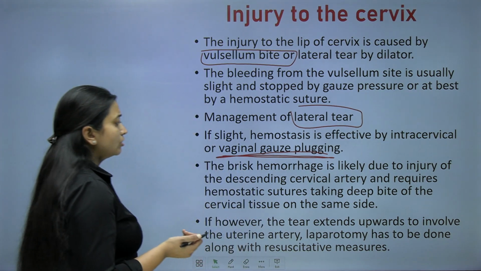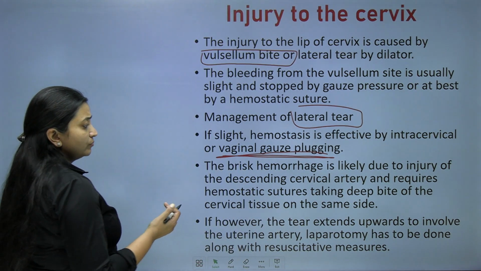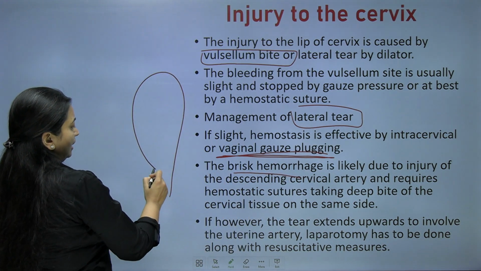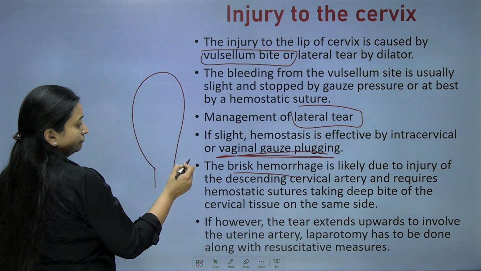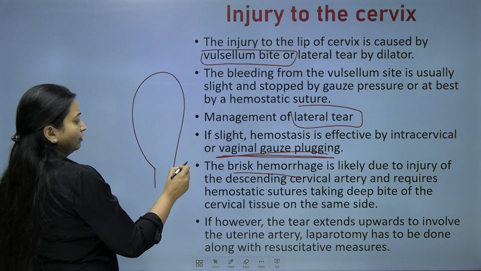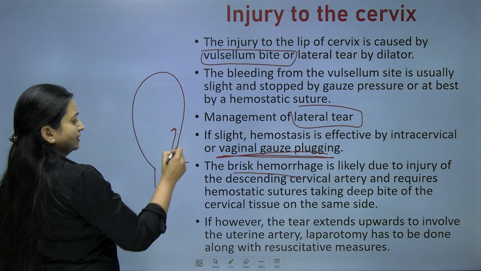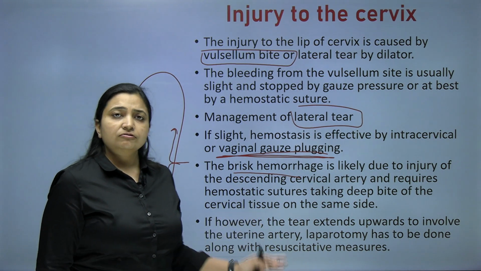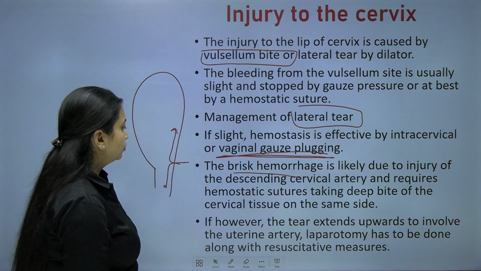If the pressure is not working and the hemorrhage is really brisk, you must have damaged some artery. As we know, from the anterior branch of the internal iliac artery at the level of the isthmus, the uterine artery rises and there is a descending cervical branch also. So if any of the vessels is damaged, what do you do?